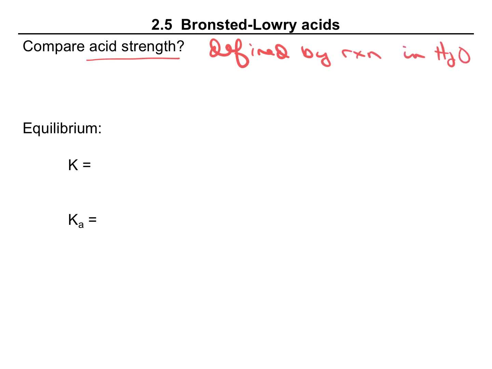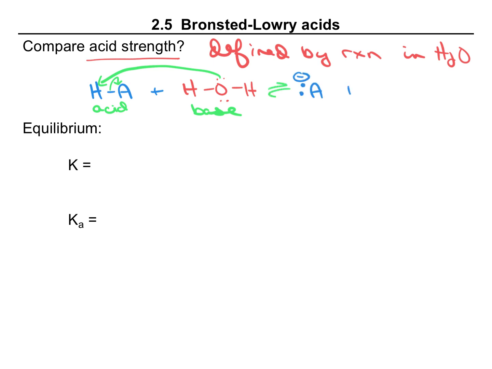So let's say we have a generic acid, HA, and this reacts with water. So in this reaction, HA will be our acid and water will be our base. So the base will use a pair of electrons to grab a proton, and these electrons will move back onto the A, giving us A minus.